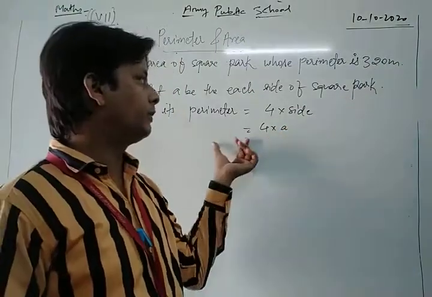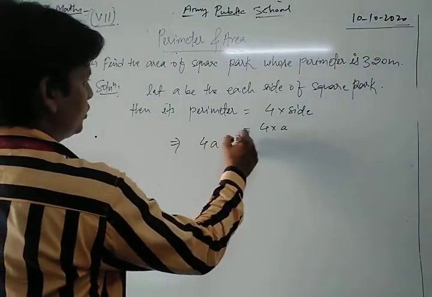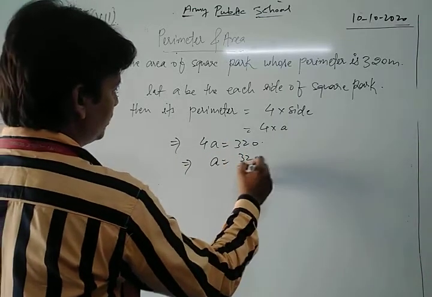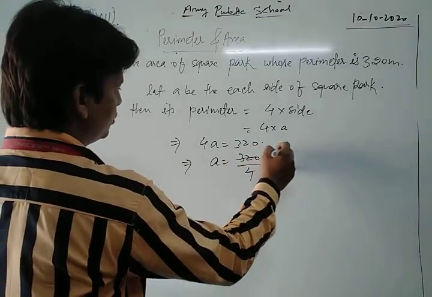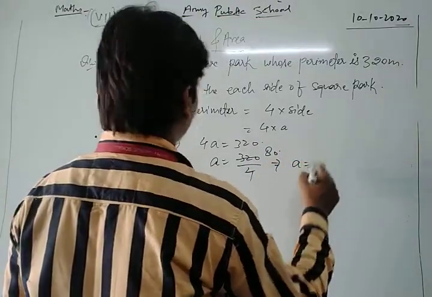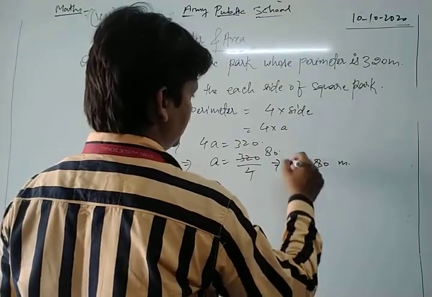So we put here perimeter is 320, so we get 4 into side is equal to 320. Thus the value of A is equal to 320 upon 4, which is 80, so we get each side of the square park is 80 meter.